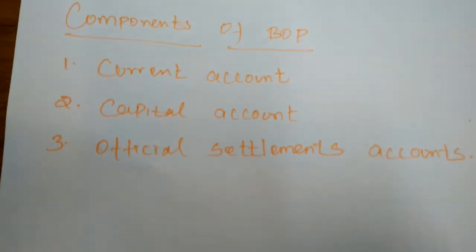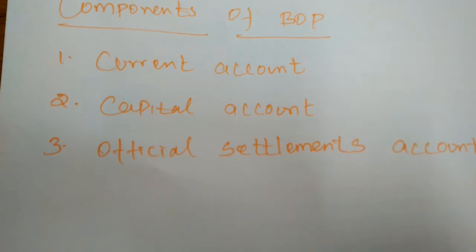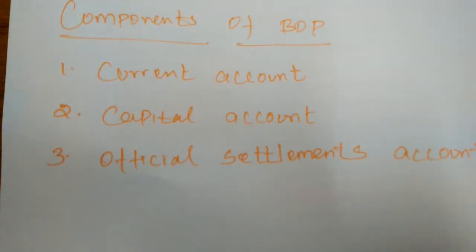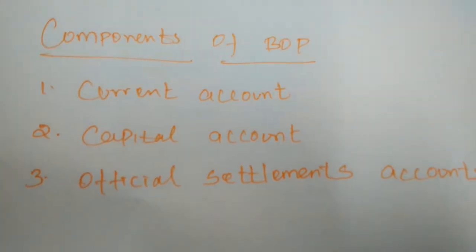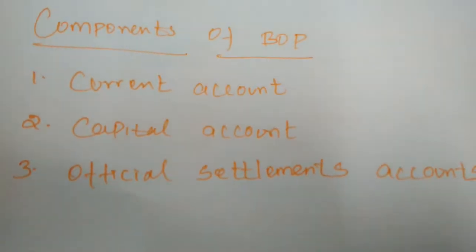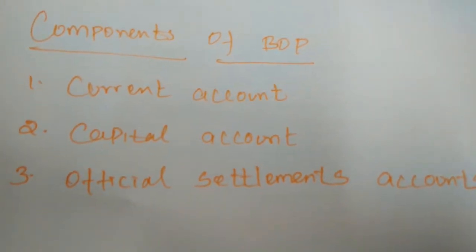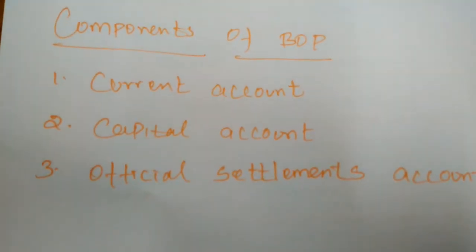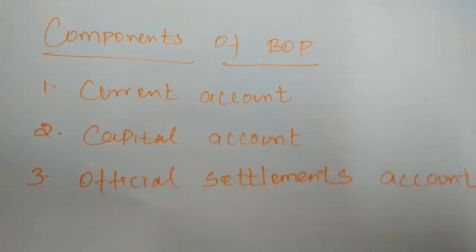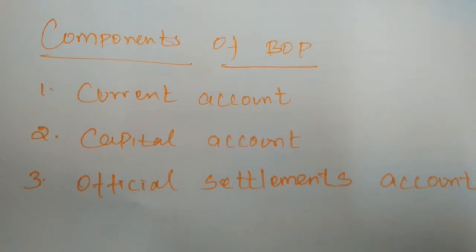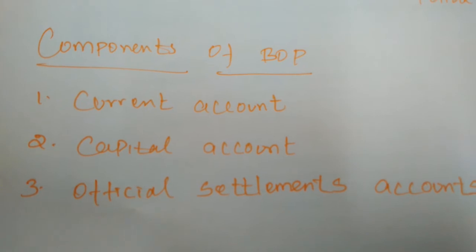So these are the capital or financial transactions consisting of direct investment and purchase of interest-bearing financial instruments, called the capital account. Next is the official reserve assets account. The official reserve transaction consists of movement of international reserves by the governments and official agencies to accommodate imbalances arising from the current and capital account.